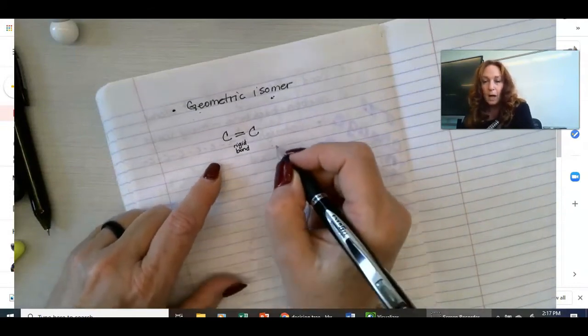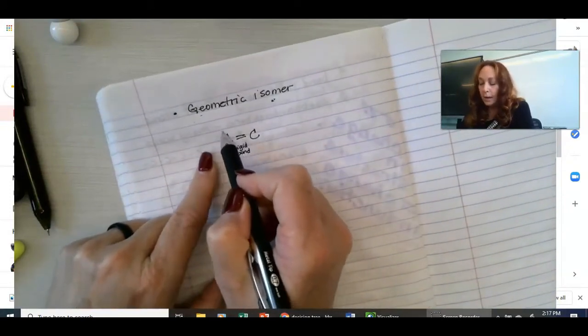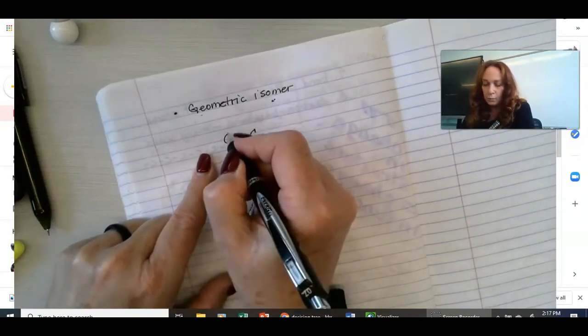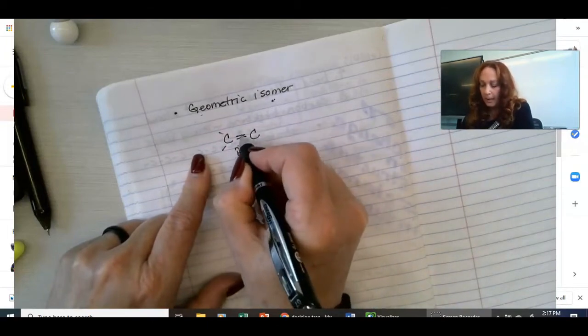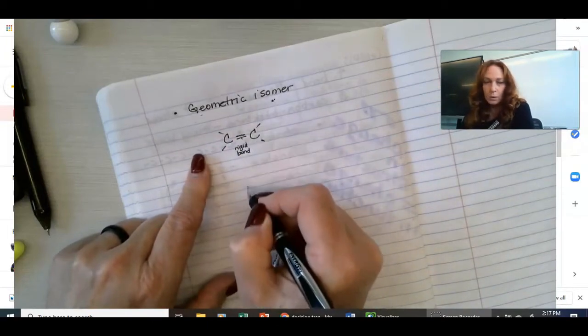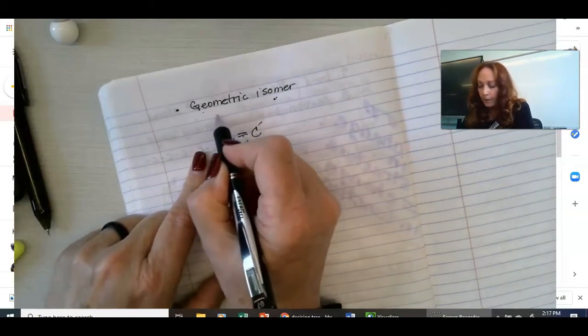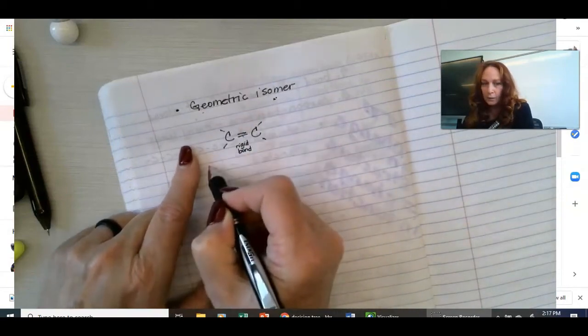So now I've got a cool thing. I can talk about whatever's attached, because I've got 1, 2, 3, 4. And then on this carbon, I have 1, 2, 3, 4 different bonds. There's definitely we're on the same side or we're across from each other.